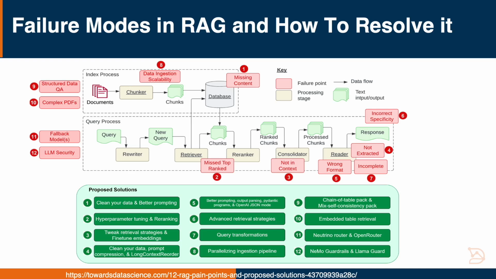Now, the 9th one is structured data and complex PDFs. This is really important because sometimes you are working with a company that has a lot of documents, but some of these documents are just tabular data, right?